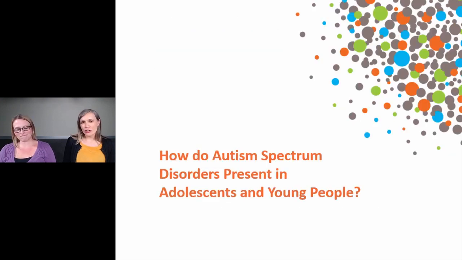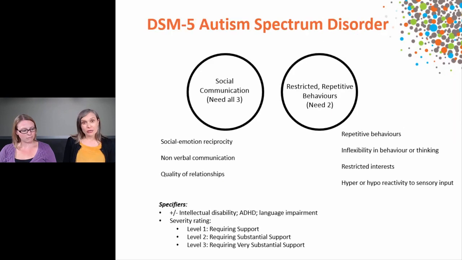We're going to move on now to having a think about how autism spectrum disorders present in adolescents and young people. And we've alluded to the DSM, so we'll take a look at the DSM-5 ASD criteria. The DSM-5 looks at two areas of functioning.